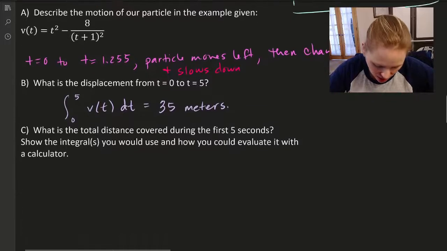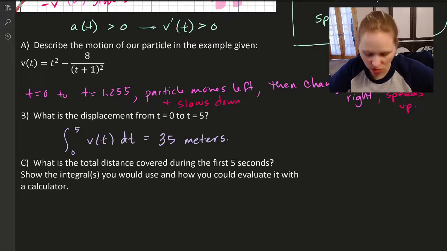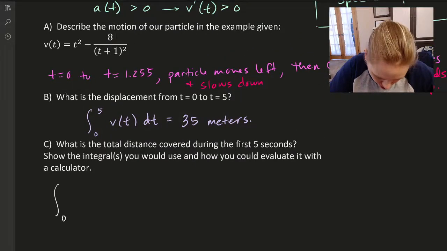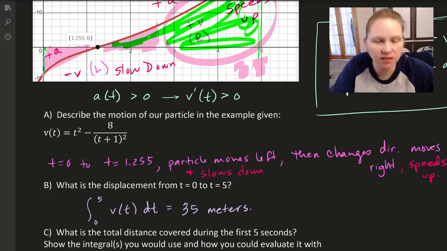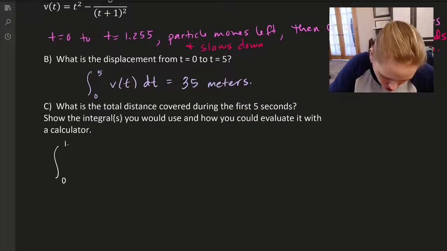Now the last question here says, what is the total distance covered during the first 5 seconds? And this is kind of tricky. I'm going to show you 2 ways to work this out. The first way that we can do this is we can split the integral. And what we can do is find from 0 to wherever it hits that x-axis, so 1.255. This is a value you could solve for on your calculator.